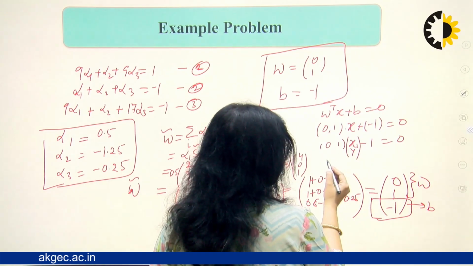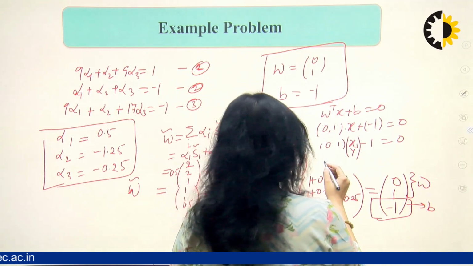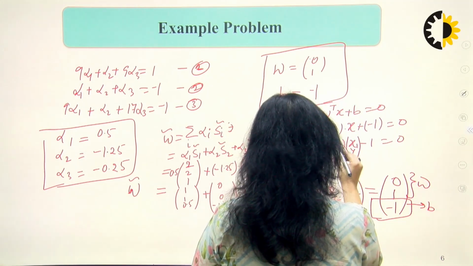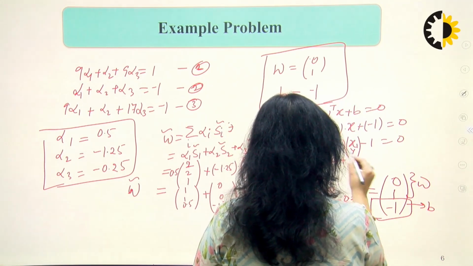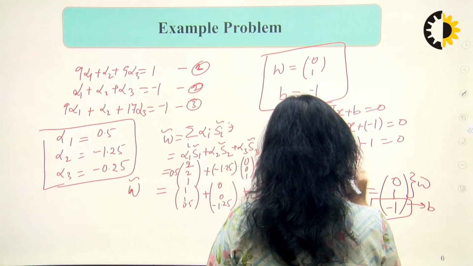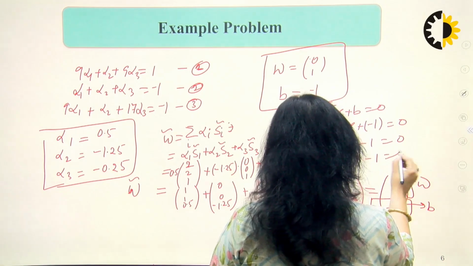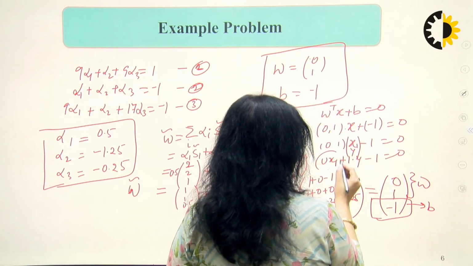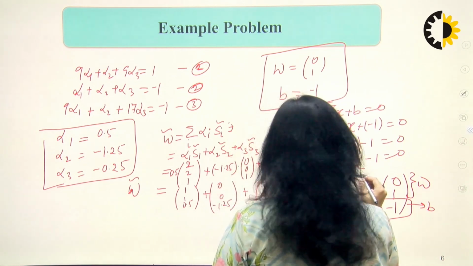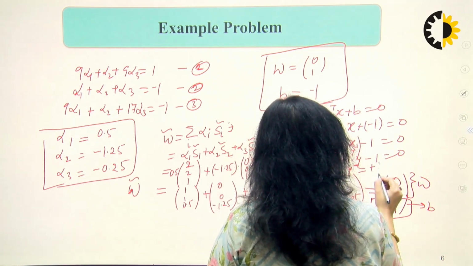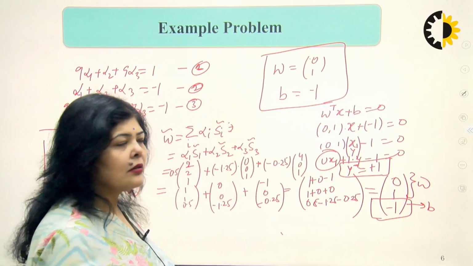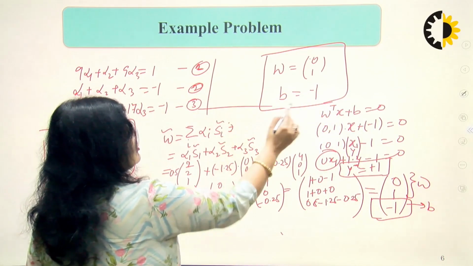Now you can simplify it further by writing 0 times x1, and this becomes y, or 1 times y minus 1 is equal to 0. Finally, this becomes 0 and y is there. So you can see that y is equal to plus 1. Okay, so y is equal to plus 1 is the location of the decision boundary in a two-dimensional plane.